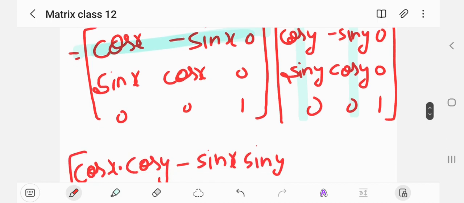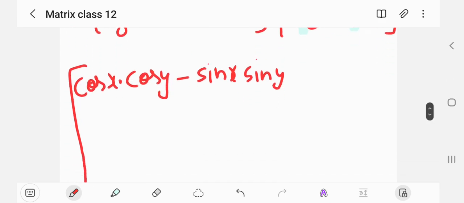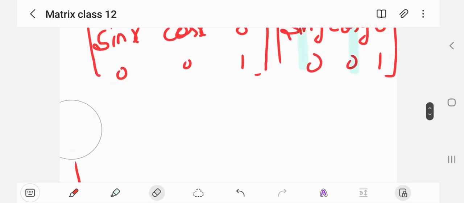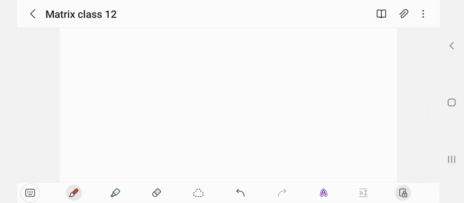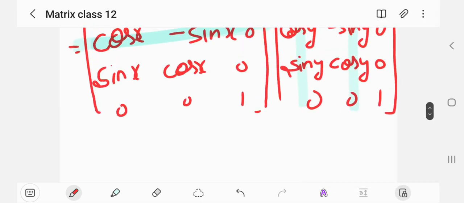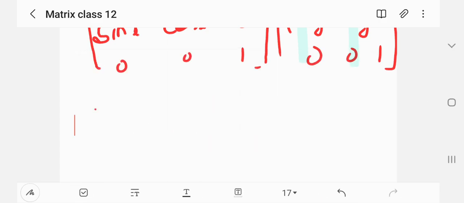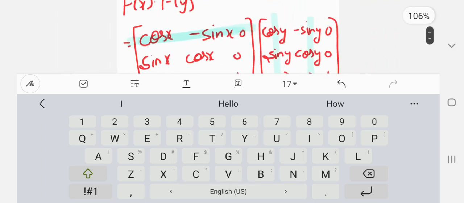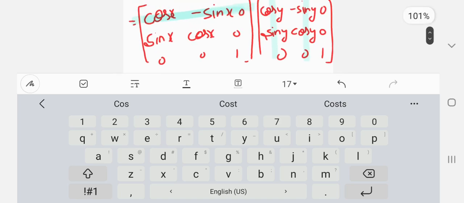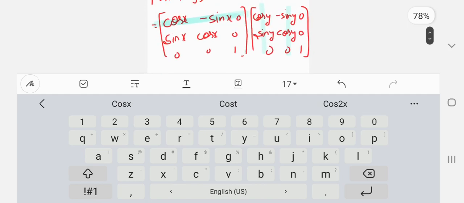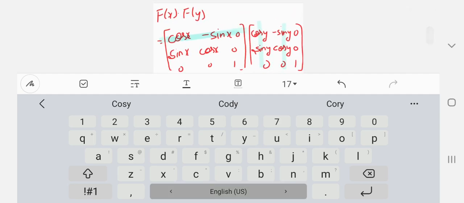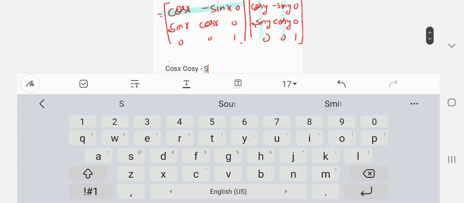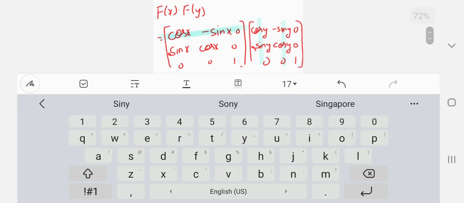I will get cos x times cos y, which will be subtracted from sin x and sin y. Let me write it using a text box, because the space is very less here. Okay, this is my first entry.